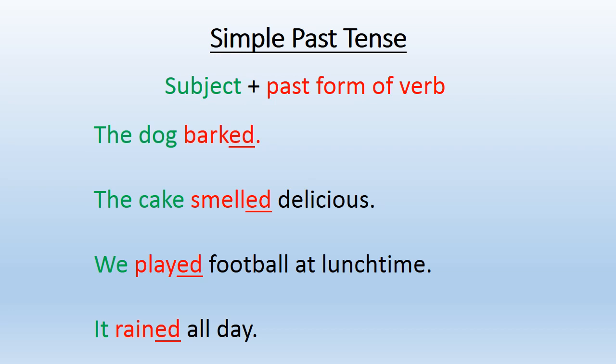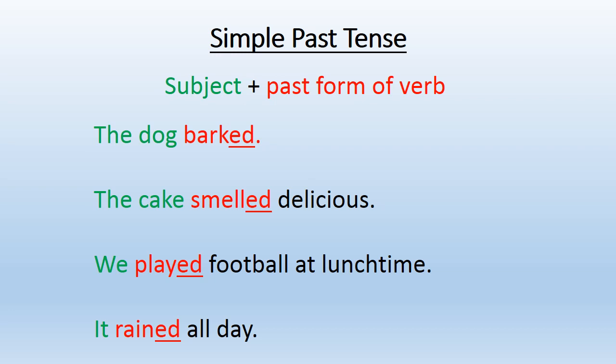Have a look at the second one. The cake smelled delicious. So the cake is the subject, smelled is the verb. Now you can see that the ed, smelled, means that it has happened in the past. So we are using the past tense. We played football at lunchtime.